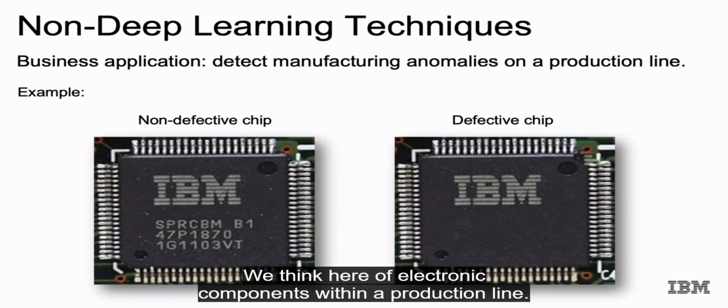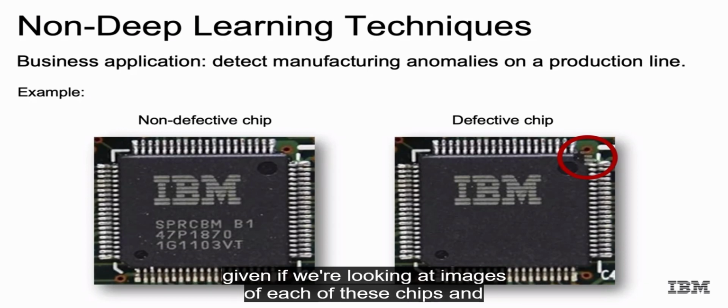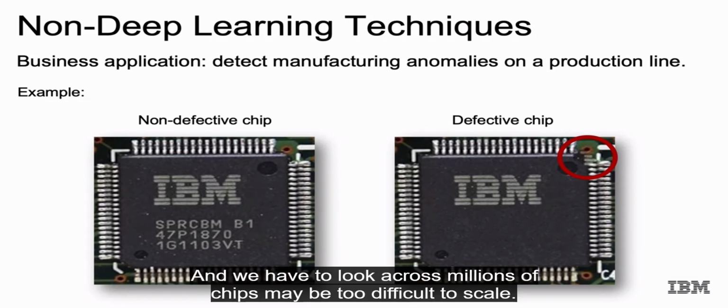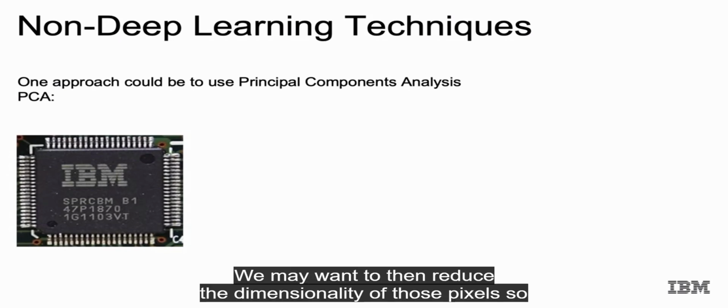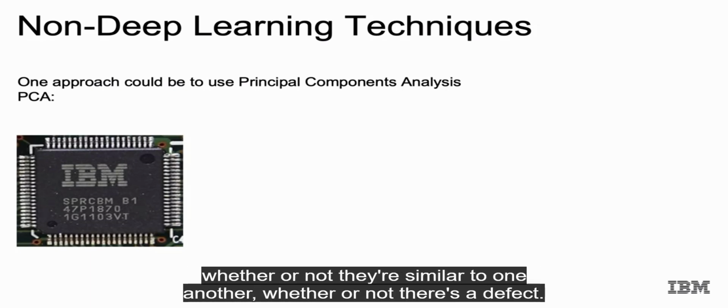If we think here of electronic components within a production line, some defects might be imperceptible for the human eye or difficult to scale, given that if we're looking at images of each of these chips and the amount of pixels in each of these images, and we have to look across millions of chips, it may be too difficult to scale. We may want to then reduce the dimensionality of those pixels so we can look at these defects at a lower dimensionality when we're comparing whether or not they're similar to one another, whether or not there's a defect.